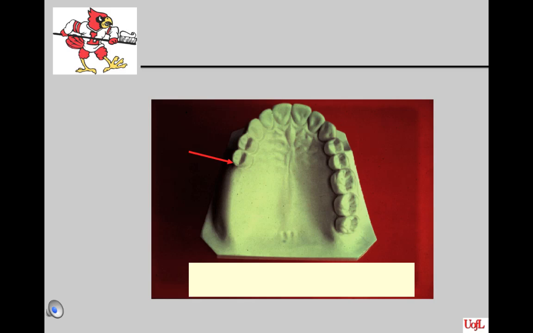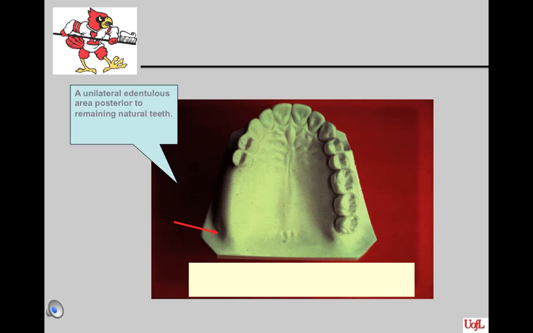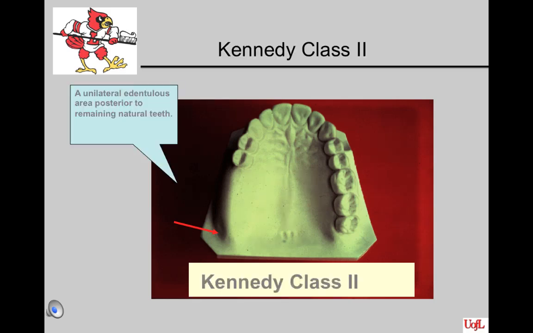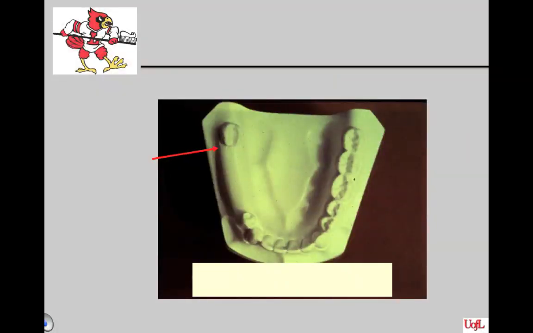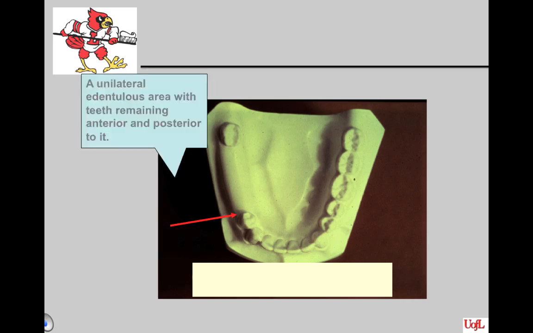What do we have here? A unilateral edentulous area posterior to the remaining natural teeth. All right, what definition does that fit? It's our Kennedy Class 2. On this arch, we have a unilateral edentulous area with teeth remaining both anterior and posterior to it.